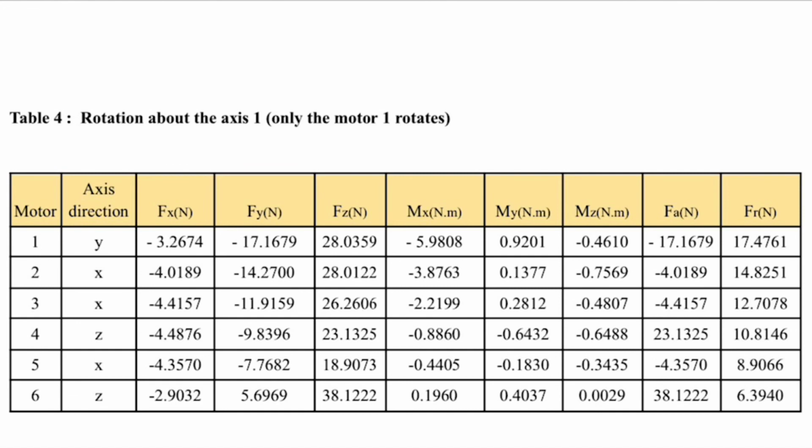We use FA and FR to select the bearing. FA comes from the force in axis direction that the motor uses. FR is from the square root of Fx power 2 plus Fy power 2.